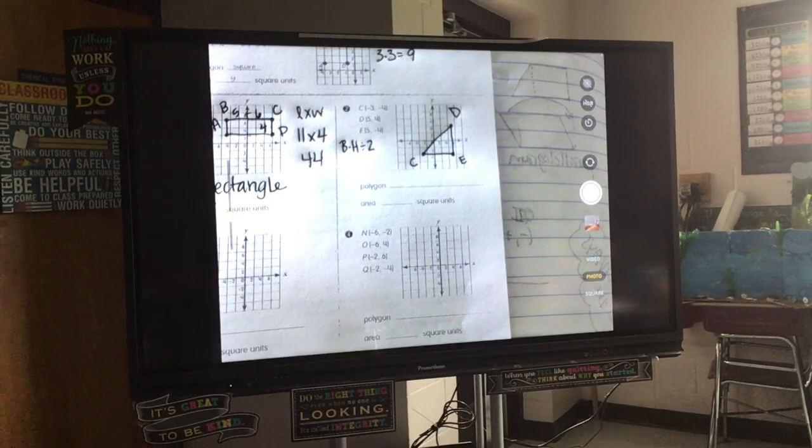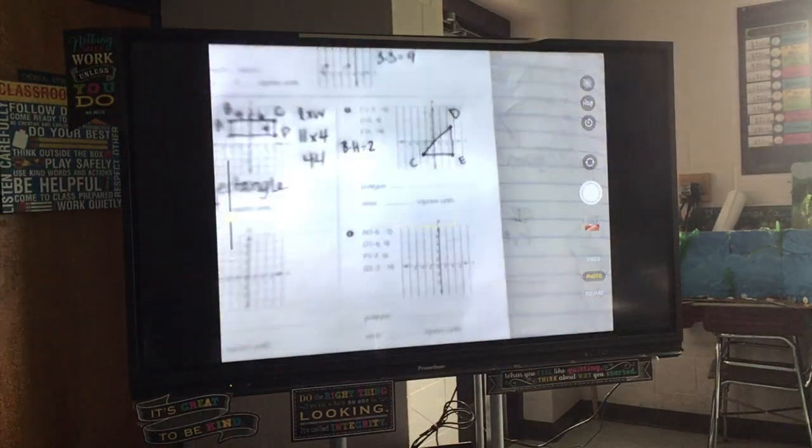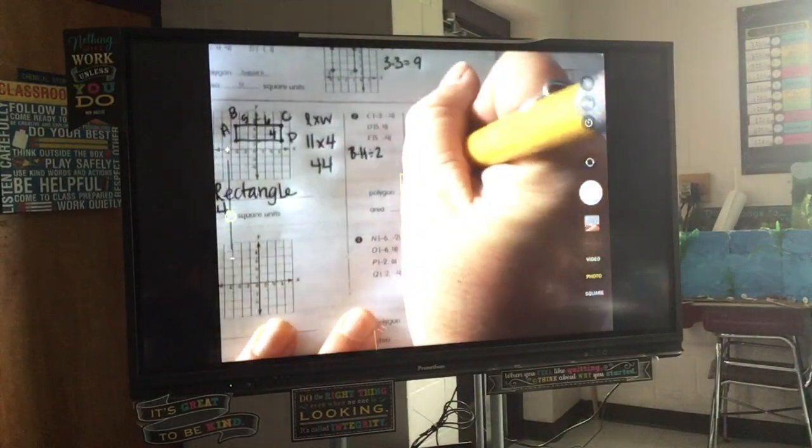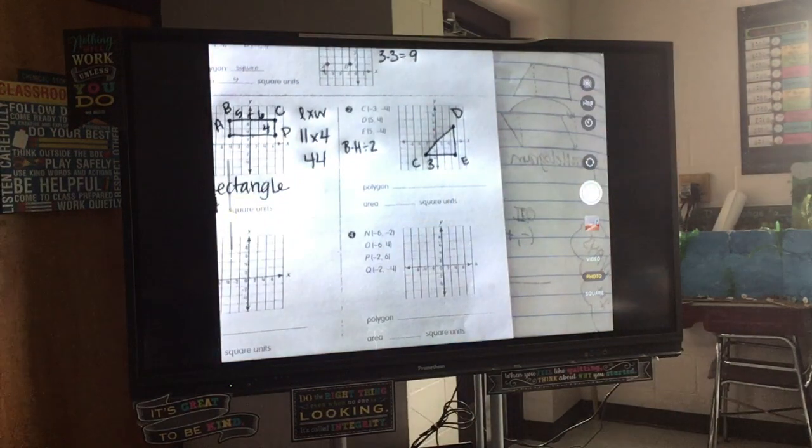So what two numbers is that dot in between? It's in between -4 and -2. So what's in between -4 and -2? -3, but we're counting absolute values. So that's 3 from that point to the line.